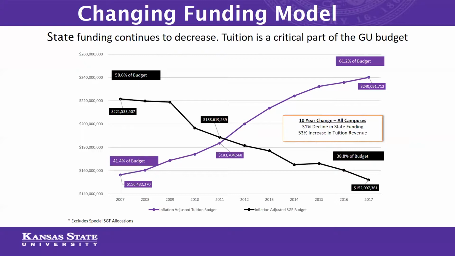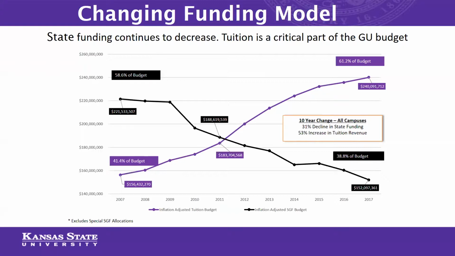Now fast forward to FY17, and that has flipped almost in the opposite direction because our state funding has declined. Today state funding accounts for about 38% of our GU budget, and tuition is 61%. It's not necessarily that the state has cut us.